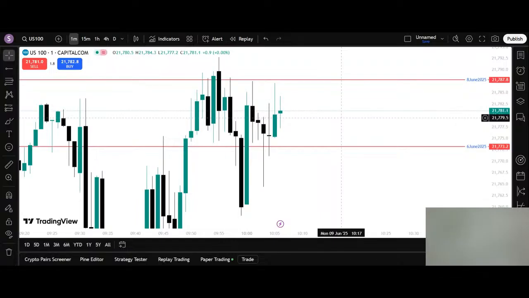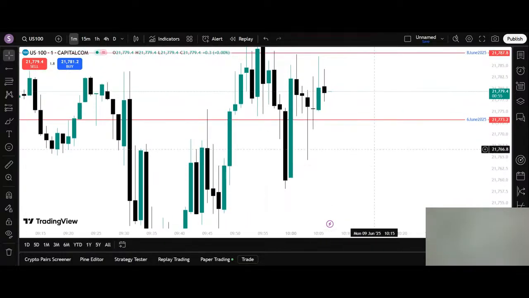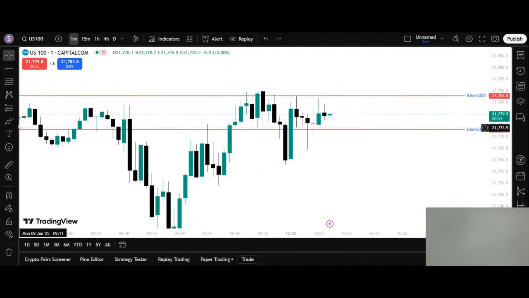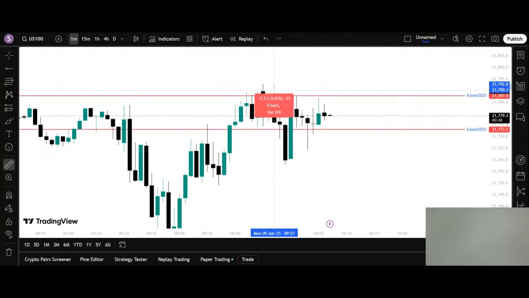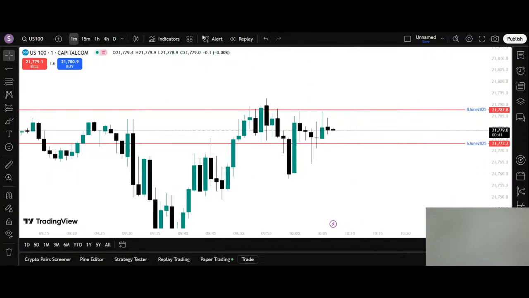You just have to wait for it. Price is kind of dull. It's not giving very big moves. Like if you scale this area, it's only what, 300 ticks. It's just evolving in there.